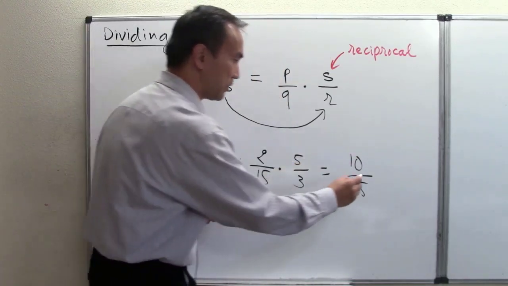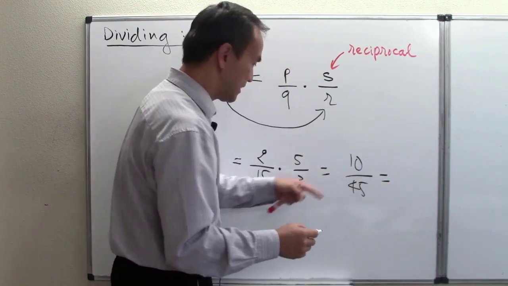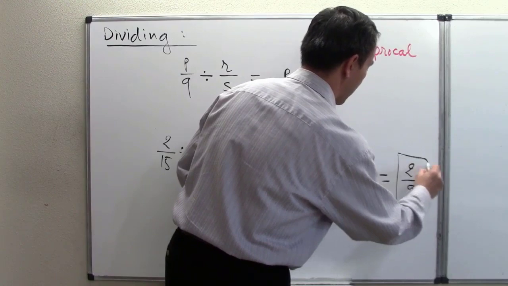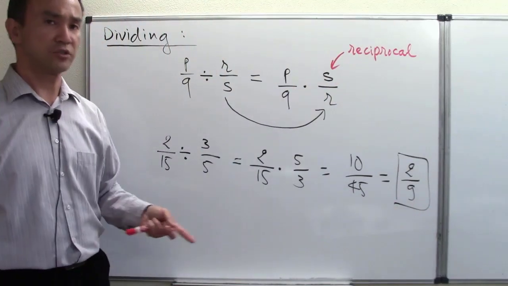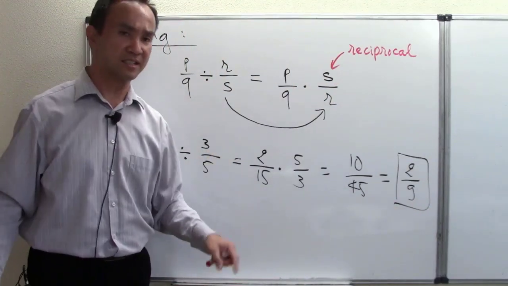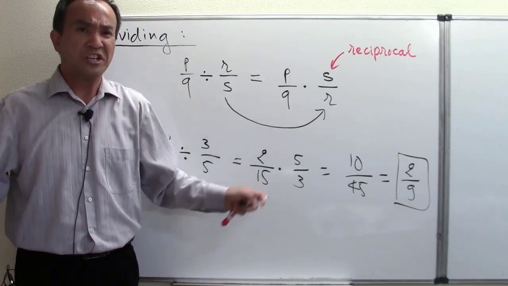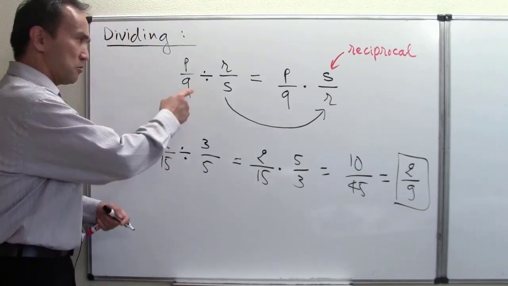Simplifying it, it comes down to 2 over 9. And that's our final fraction. That's how we have been doing it, and it's so elementary that I don't even need to formally reteach that. But the fundamental is here.